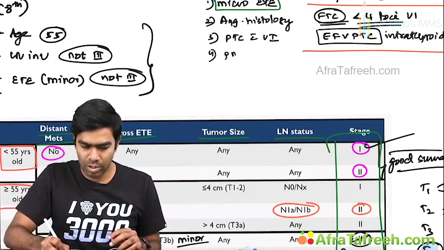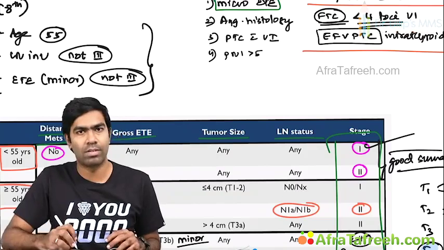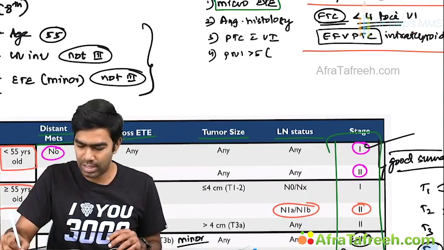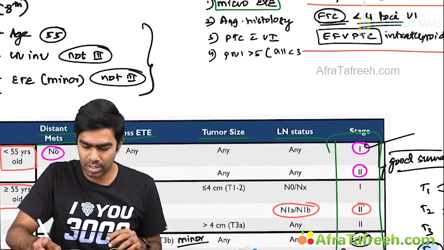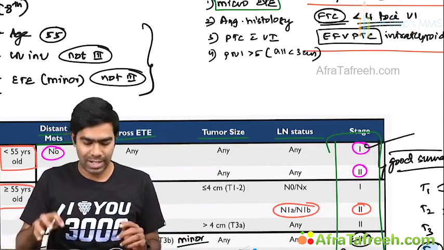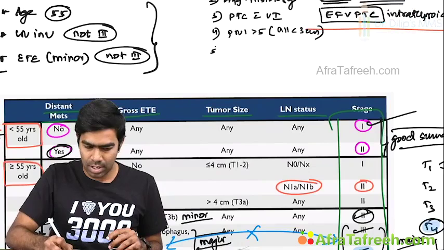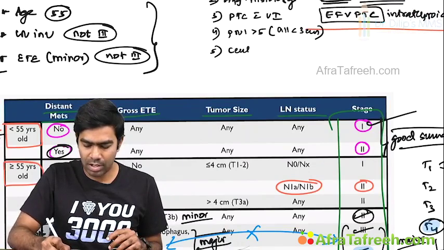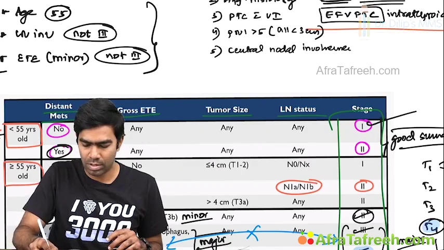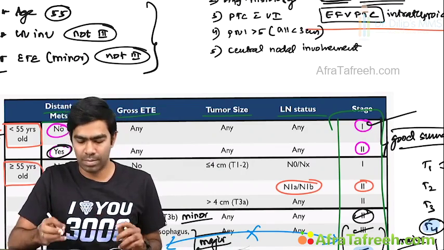Then pathological nodal involvement, more than 5 nodes, but all less than 3 centimeter, will come under intermediate risk. Then if you have a central nodal involvement, that puts them under intermediate risk.